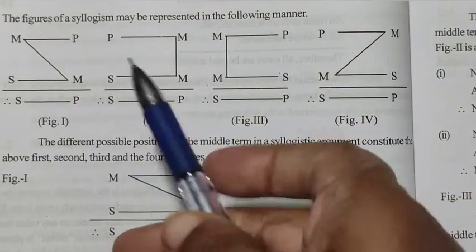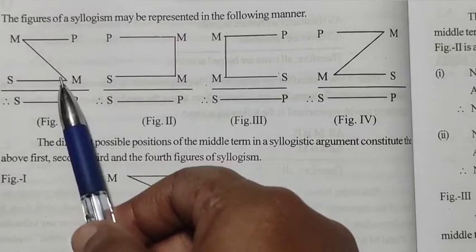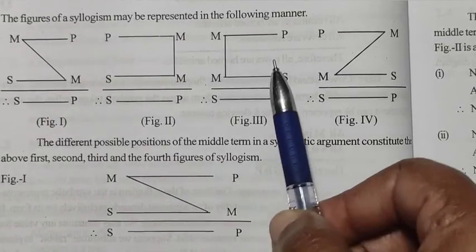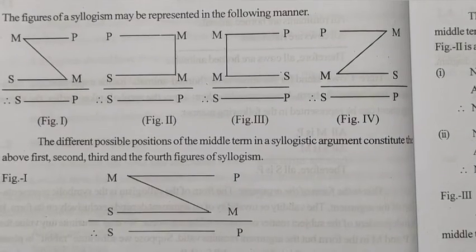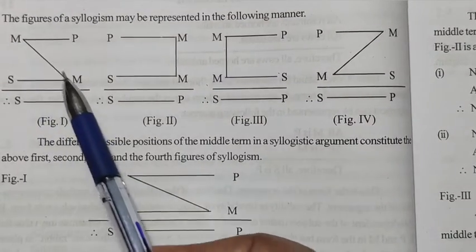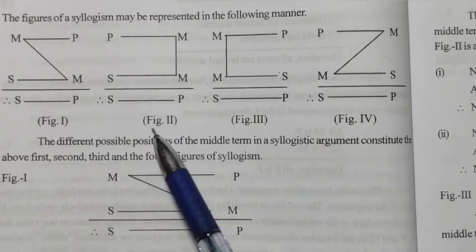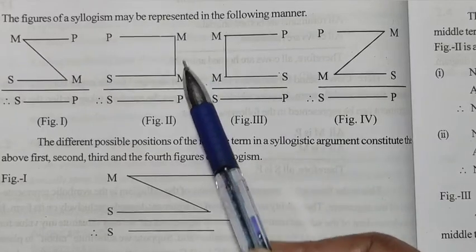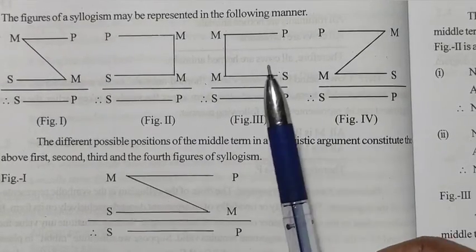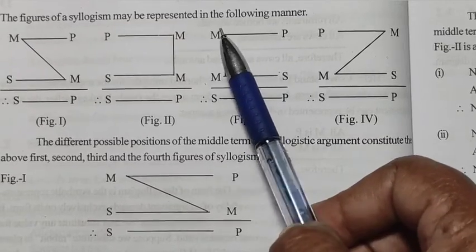The figures of syllogism may be represented in the following manner. This is figure 1, this is figure 2, this is figure 3 and this is figure 4. Here in figure 1 is the position of the middle term in the place of subject and predicate. In figure 2 the position of the middle term is predicate in both premises. Then in the third figure the position of the middle term is subject in both places.